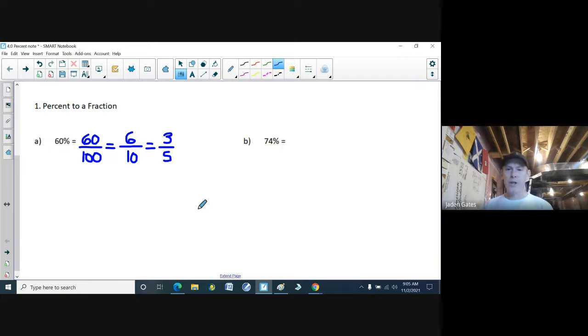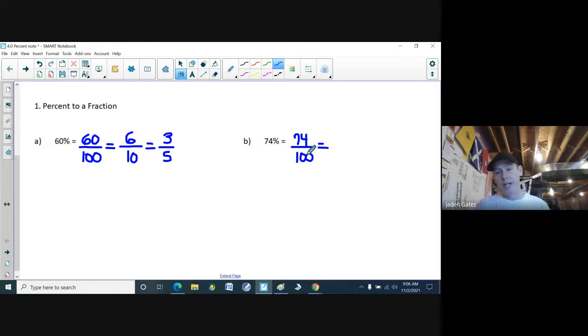Same idea here with 74%. Using my definition, the number of parts per 100, I would have 74 out of 100 parts. Now, I believe this one can also be reduced to lowest terms because they're even numbers. Sometimes you get the highest number right away. In the first example I didn't do that, but hopefully this one will.